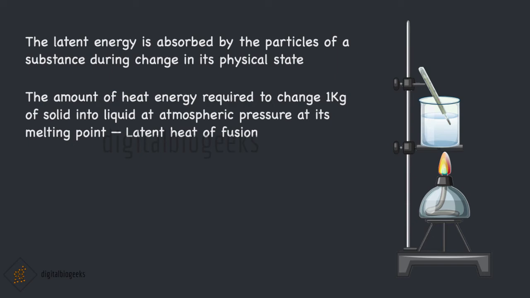We already discussed that fusion is the process of melting. At 0 degrees centigrade, the water molecules have absorbed the latent heat and they have more energy. But at 0 degrees centigrade, the ice particles are yet to absorb the latent heat and they have less energy.